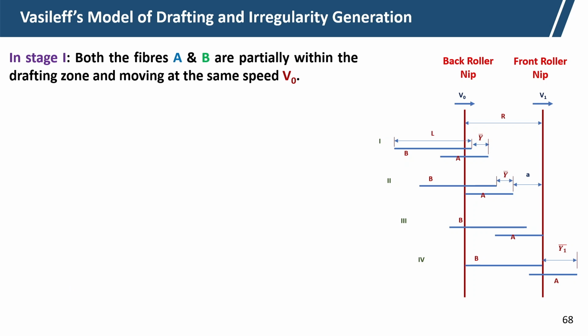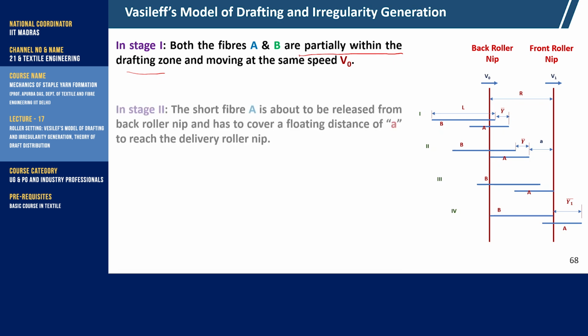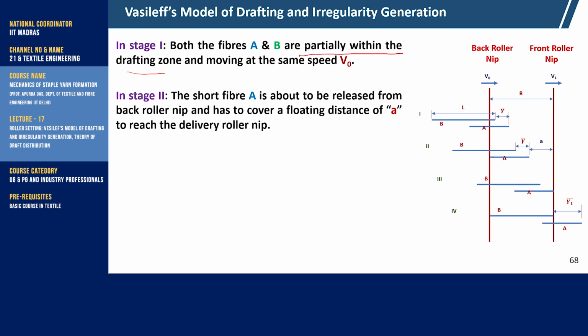In stage 1, both fibers A and B are partially within the drafting zone and moving at the same speed, because they are under the control of the back roller, so they move at the speed V0.